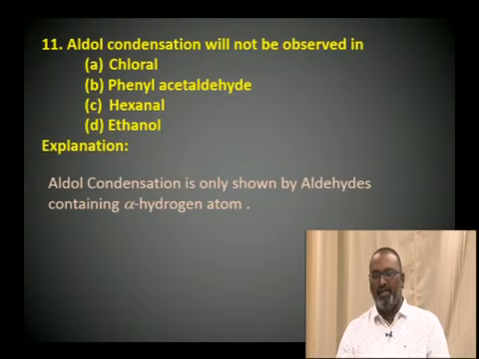Aldol condensation is a reaction shown by aldehydes which are having alpha hydrogen. What do you mean by alpha hydrogen? Before that, let us remember what an alpha hydrogen is and where it is present.